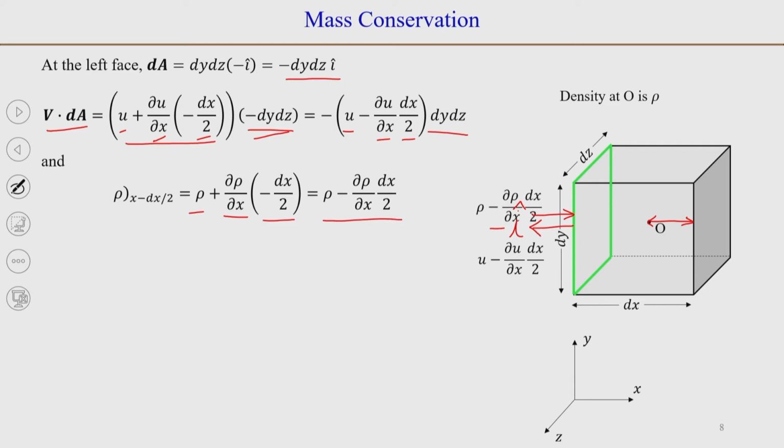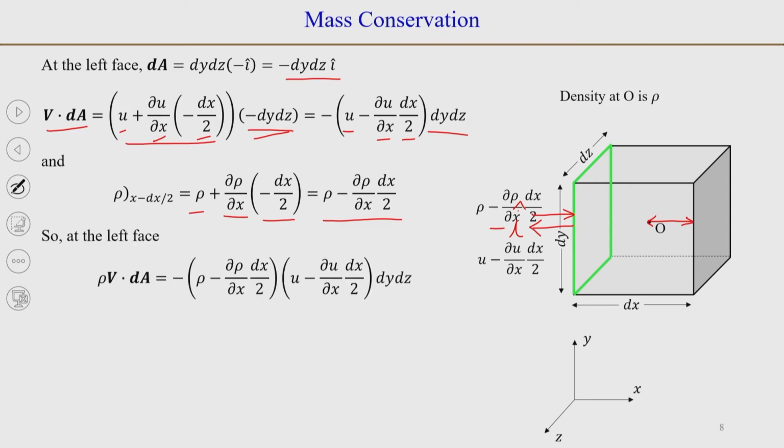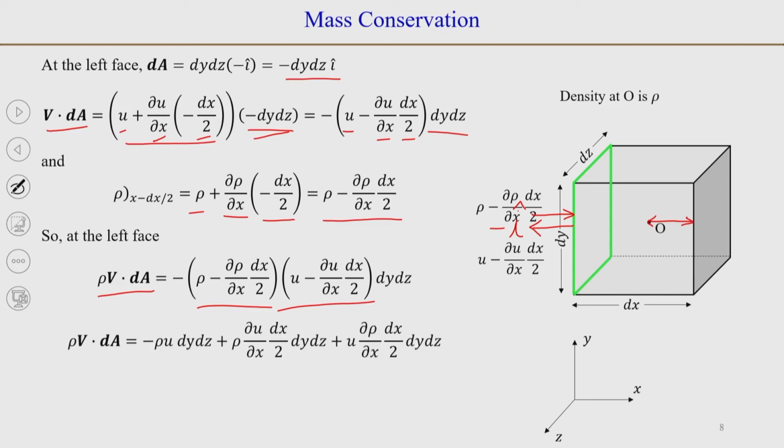We can combine all this again. So, we will get rho v dot dA, and we can take the multiplication and neglect the terms which have dx squared in them. When you multiply the first two terms, you will have rho u dy dz, and a minus sign because of this.